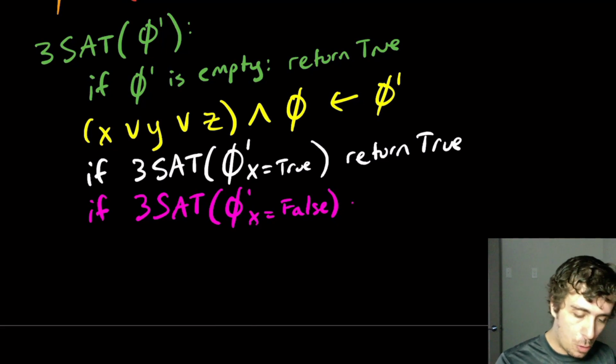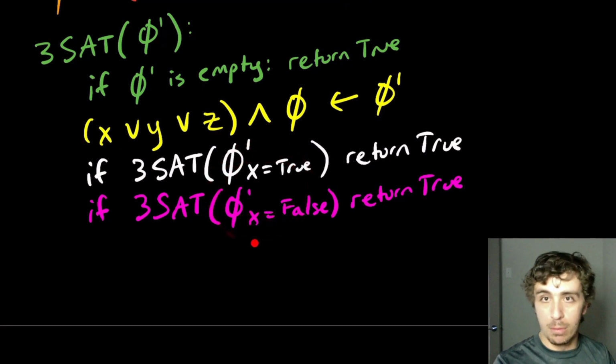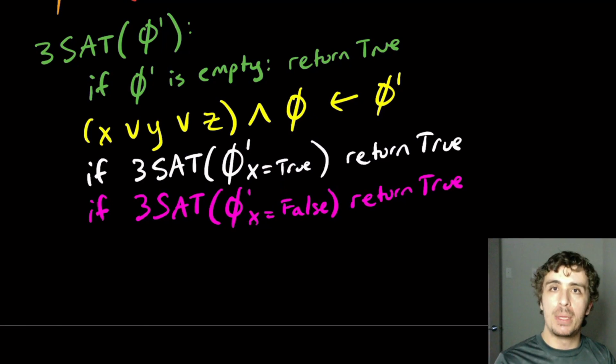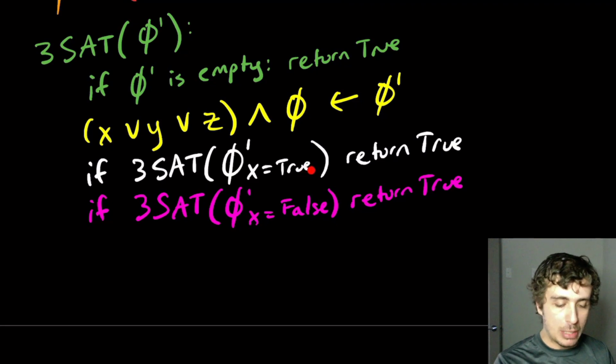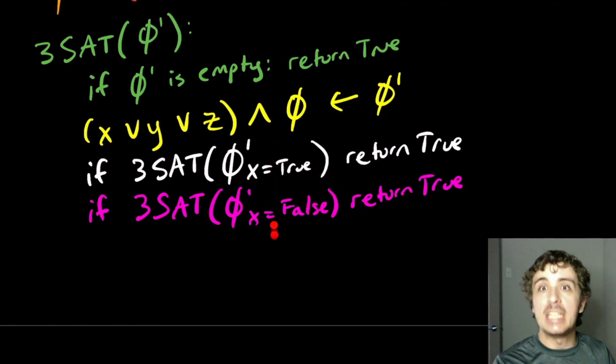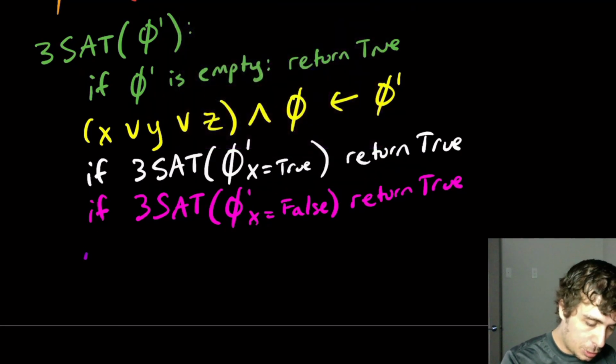And so therefore I'm going to return true here. But if neither of these is satisfied, then there's no possibility of there ever being a satisfying assignment, because we tried the true case and we tried the false case, and neither of them returned true. So we can just return false.